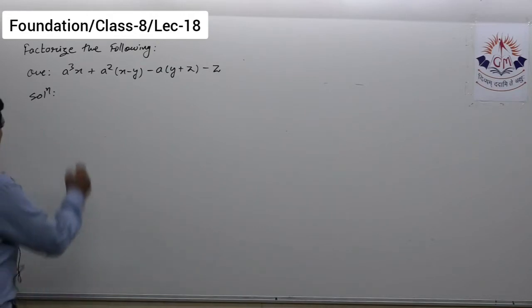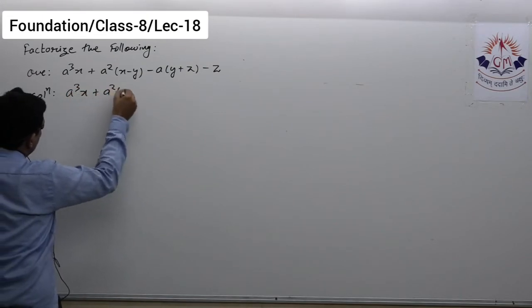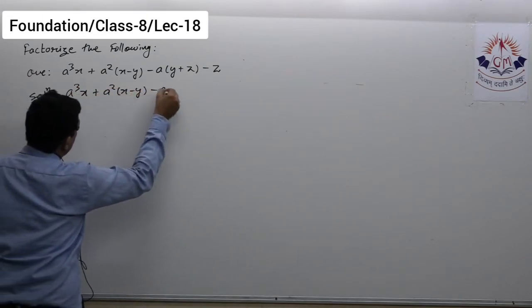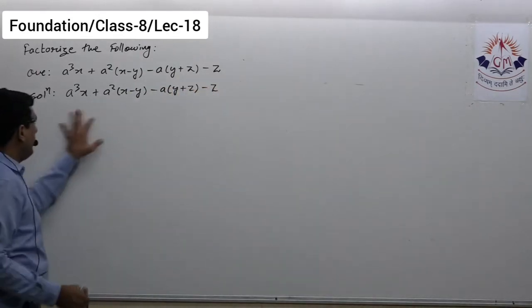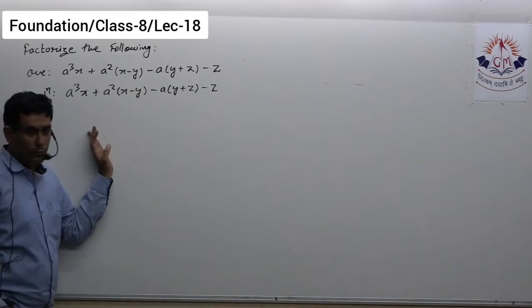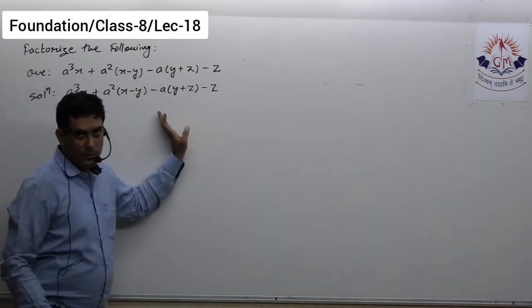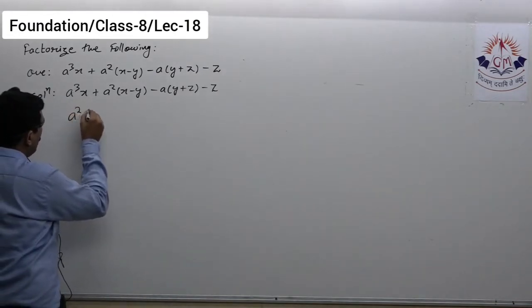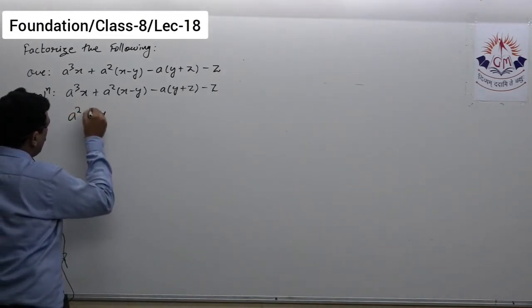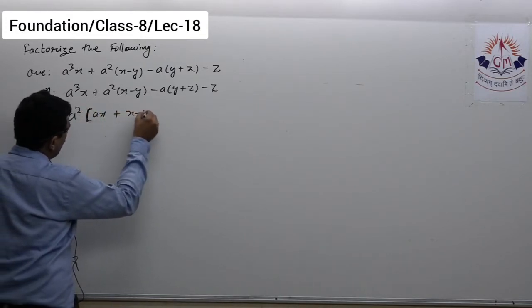Okay, so let us see how to solve this. See, it is possible to take common from the first two. We have common a square from the first two. If we talk about the last two, I can take minus 1 common, nothing else. So if I take a square common, here I'll get ax, and here I get x minus y.